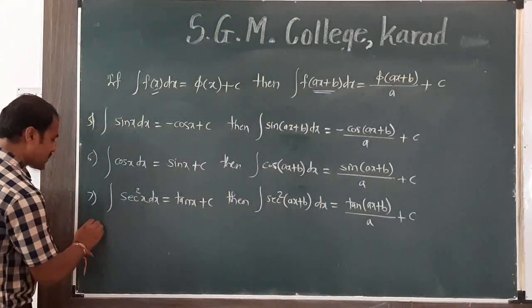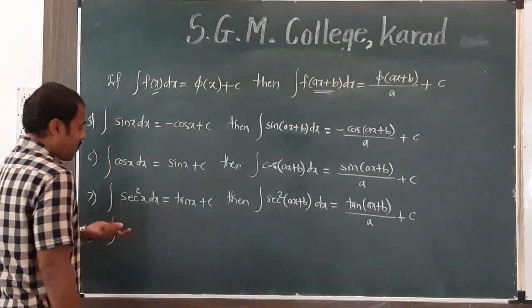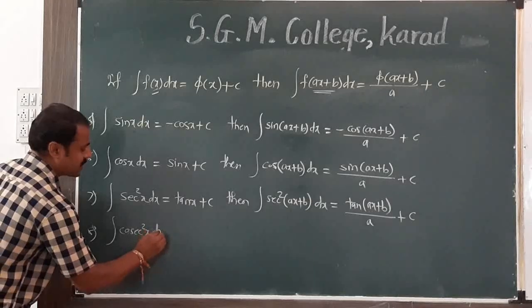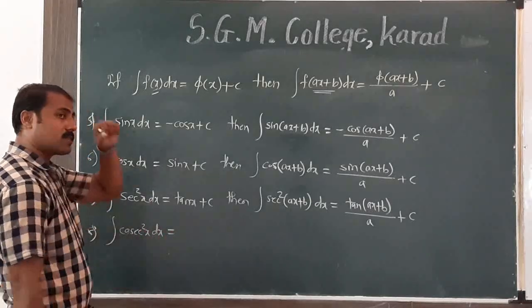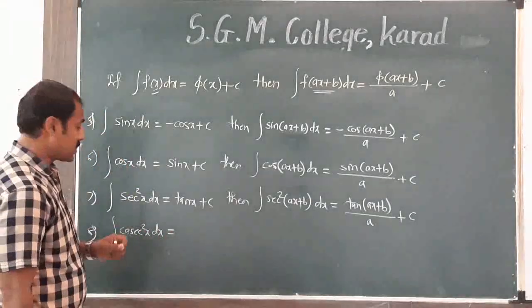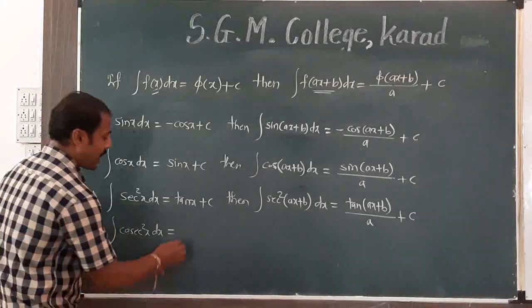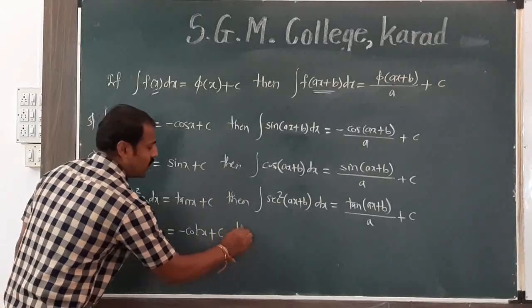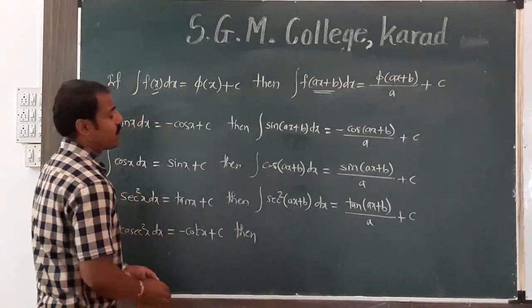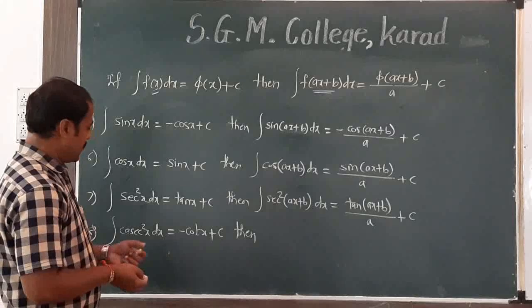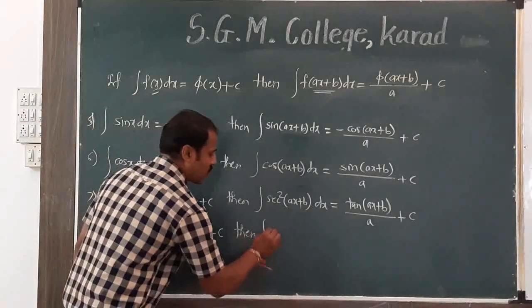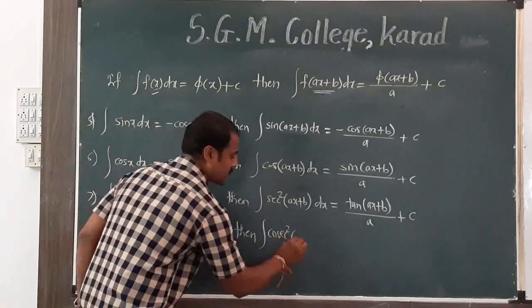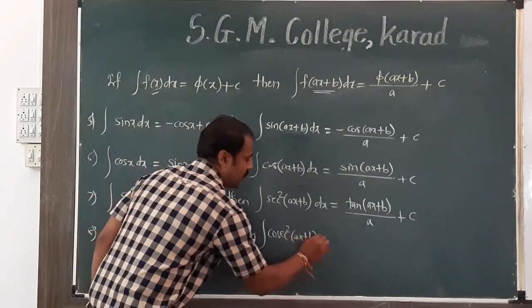Now the eighth formula. We know the integration of cosec square x dx is minus cot x. Now we find the formula for integration of cosec square of ax plus b dx.